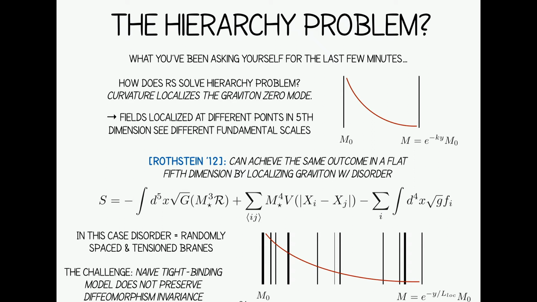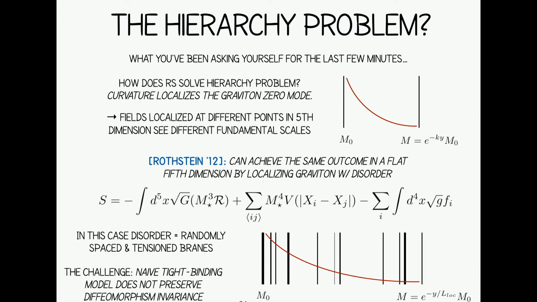Okay, so Ira's idea was instead of having some elaborate construction where you have an extra dimension with some interesting warped metric that's solving the hierarchy problem, what if I just had an extra 5th dimension and I put lots of different 4-dimensional branes at various points in that 5th dimension, right?